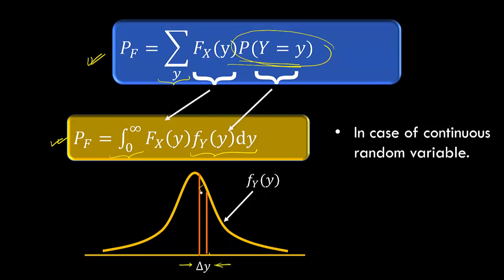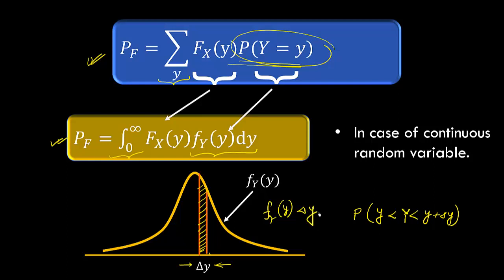Now what is the probability in this interval, that is probability that random variable y lies between y and y plus delta y. So this is nothing but this area, and we can write this area. If I assume the ordinate remains constant, then I can write this area is nothing but fy times delta y.